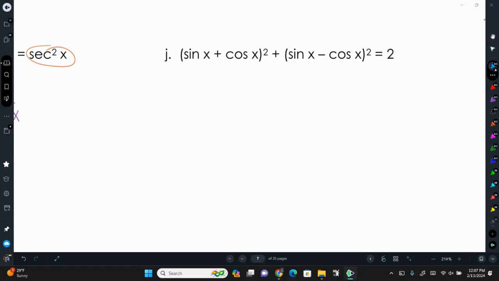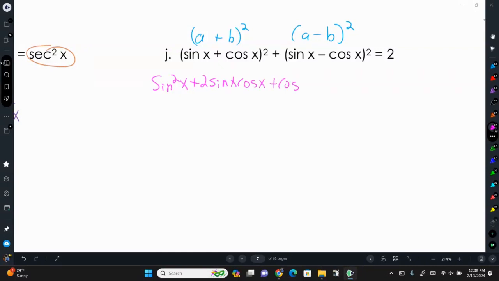Okay, so remember a plus b squared, we're going to use that pattern, and a minus b squared, we're going to use that pattern. So this is going to be sine squared x plus 2 sine x cosine x plus cosine squared x. That's what this is equal to.